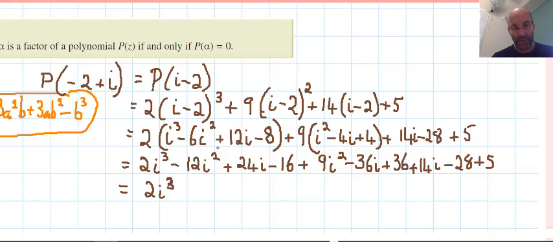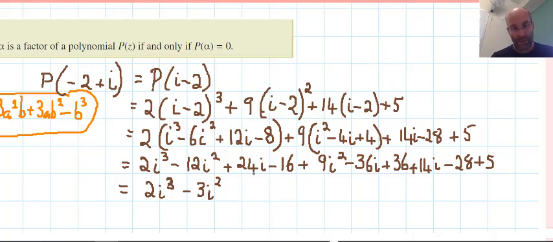Collecting like terms and simplifying, we've got 2i cubed. Oh, sorry, let me try that again.